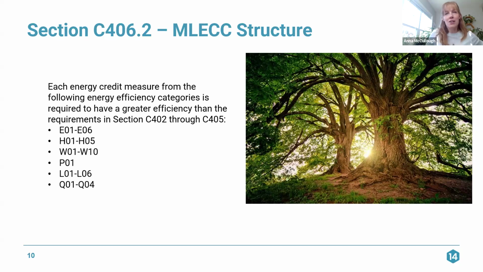So there is also a section within the code that basically states within section C406.2, we're stating that any of the credits that fall within these numbers have to be providing additional efficiency over what the base code requires.